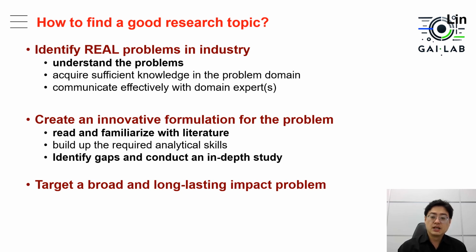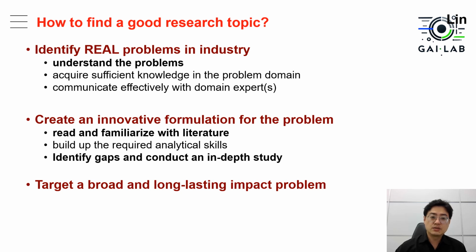That means for some problems, this happens just one time, or the problem doesn't have too much impact. So we need to find the longest-impact problem that is more critical for us to solve in advance.